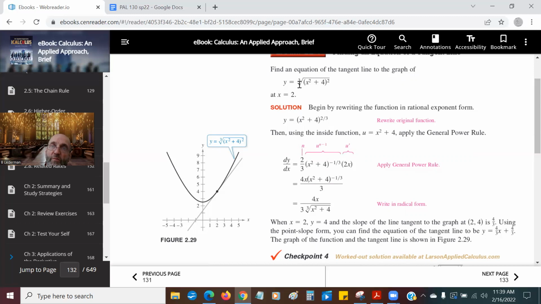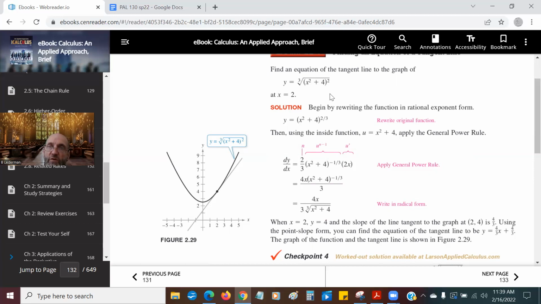We need to know the point xy on the original graph, so I have to plug 2 into the original y function to get the y value at that point. And I also have to plug 2 into the derivative function to get the slope. So I'm going to do a lot of plugging in of 2's.